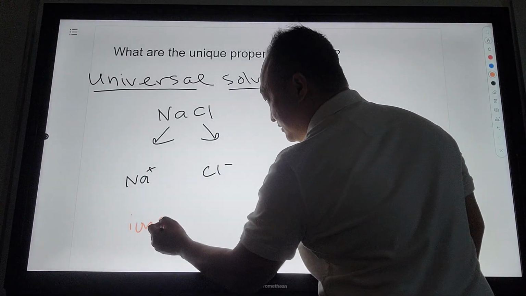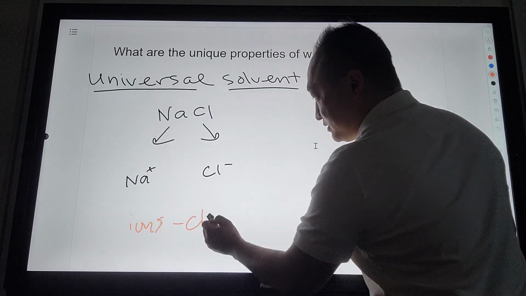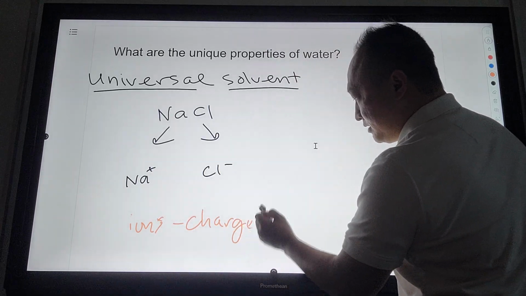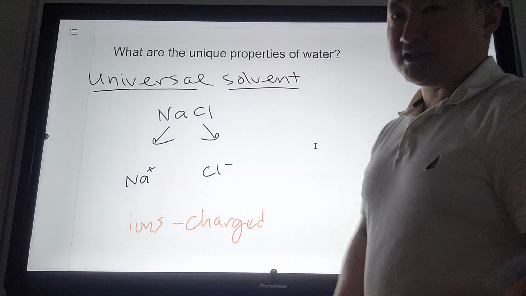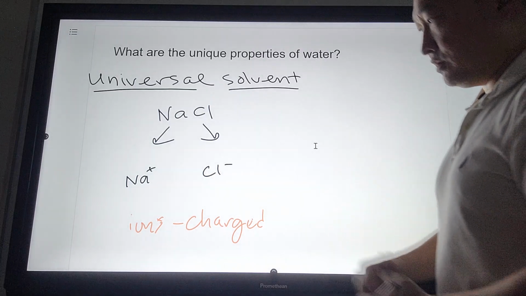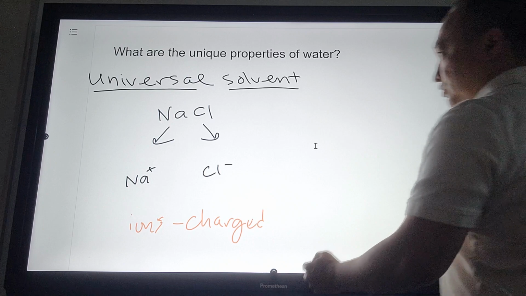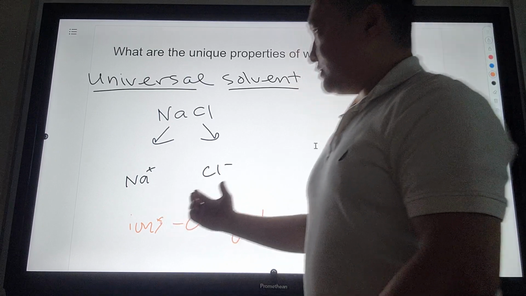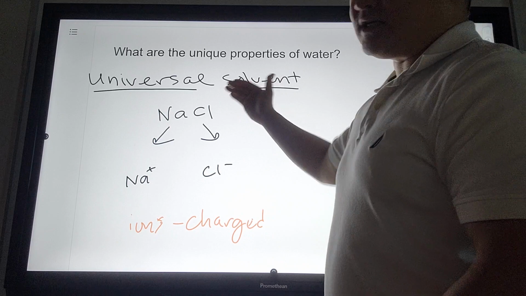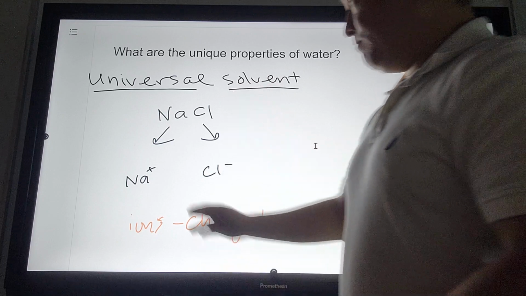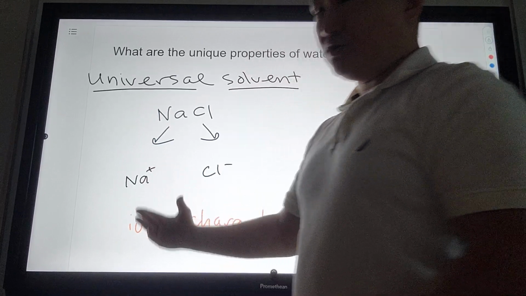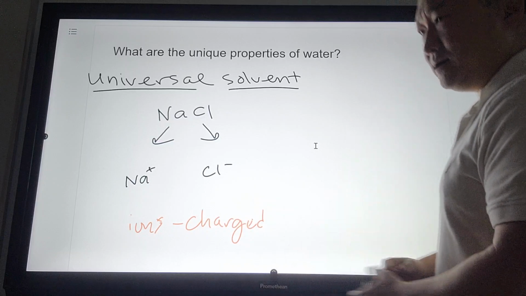So ions are charged particles. Like oftentimes atoms and molecules can be ions because they're charged. Right. So let's take a look at how water is able to dissolve a solid crystal like salt into its ions so they can be used by cells.